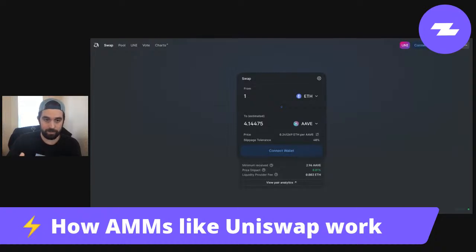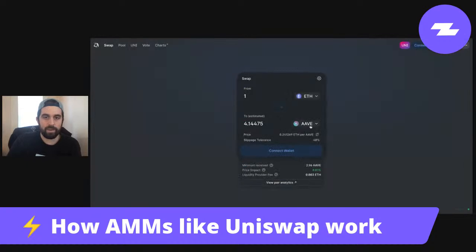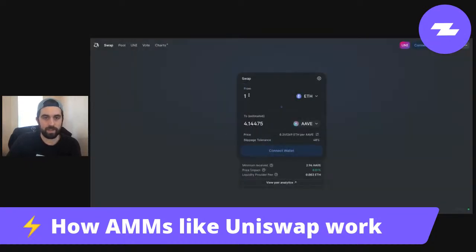So it means I don't have to ask anyone for permission. I don't have to sign up with an email. All I have to do is just connect my Ethereum wallet. Once I've connected my Ethereum wallet, I can then choose what token I'm starting with, in this case, like ETH, and then what is the token I want to trade to. So let's just pretend it's Aave in this example.